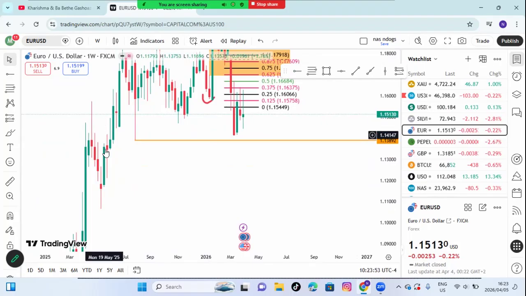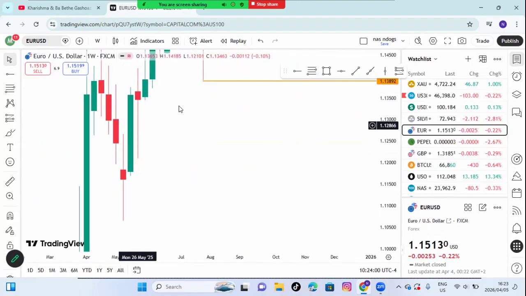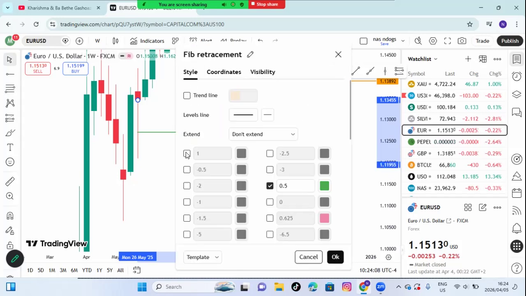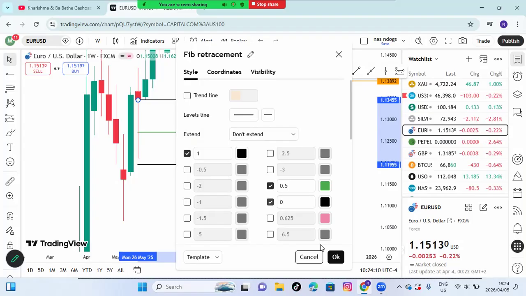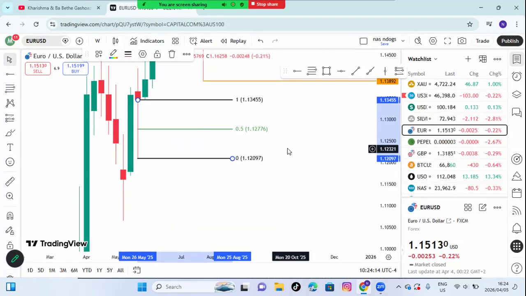Okay, and going down, let's see. We see this week. Let's measure that from there. I'm gonna put this and that, right? That's that. There we go.